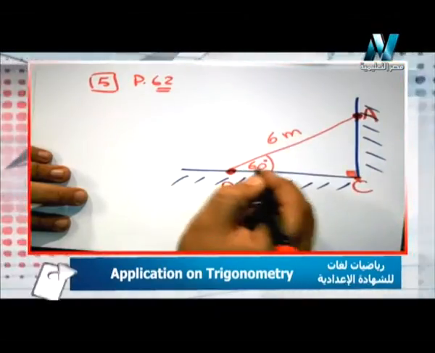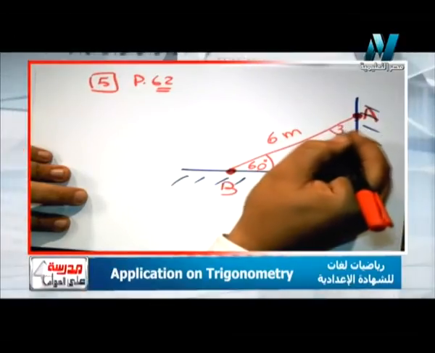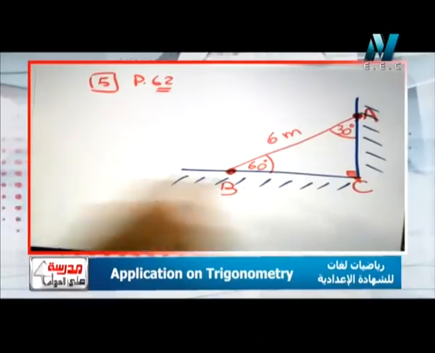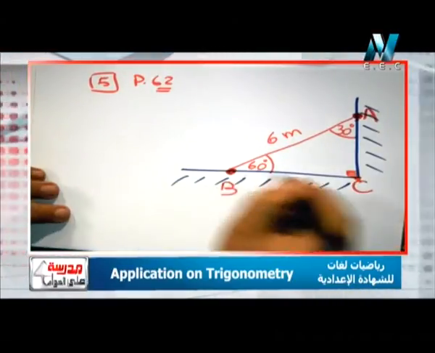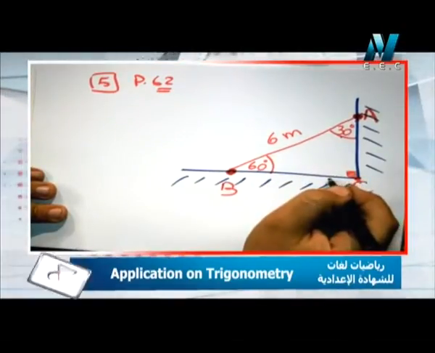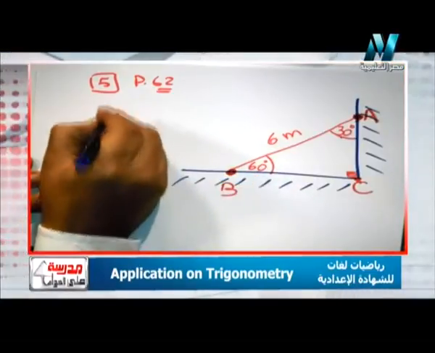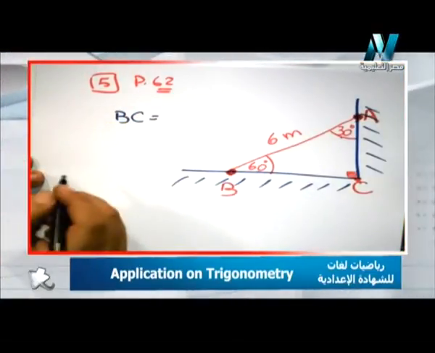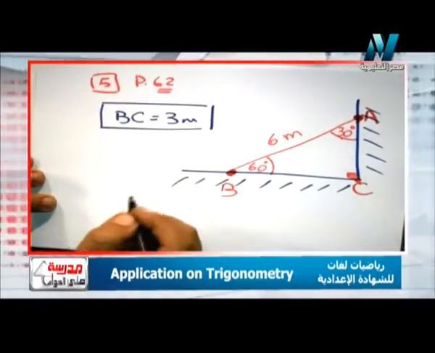And of course, as this is 60 and this is 90, the measure of angle A will be 30 degrees. And we studied before in second prep that the length of the side opposite the 30 degree angle in a right angle triangle is half the length of the hypotenuse. So BC equals 3 meters. That's all. A simple question.